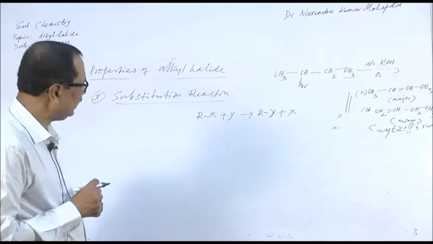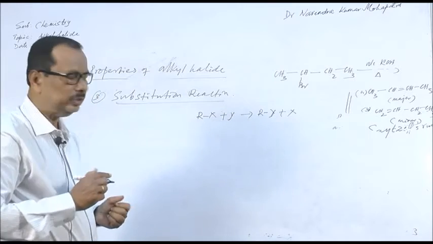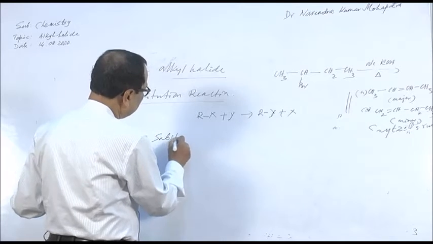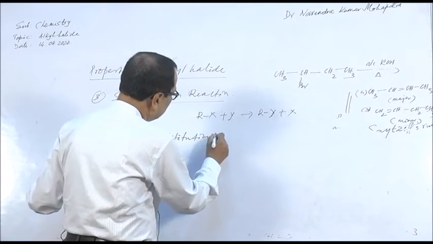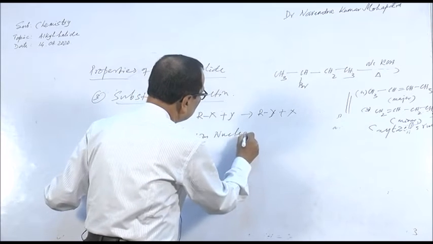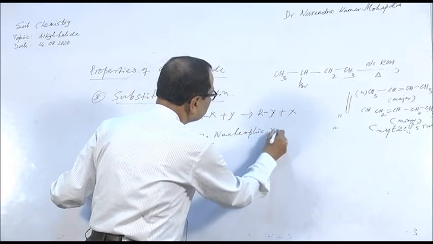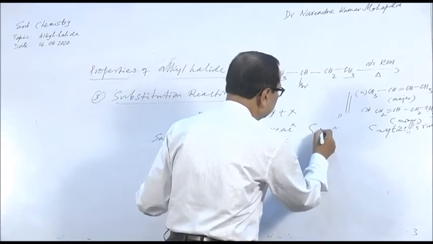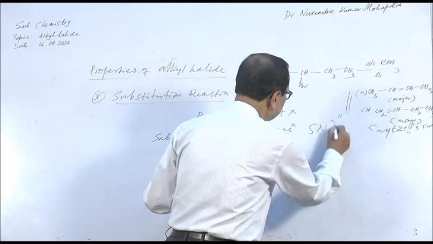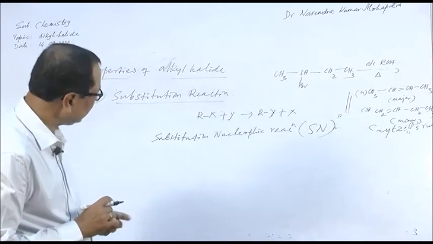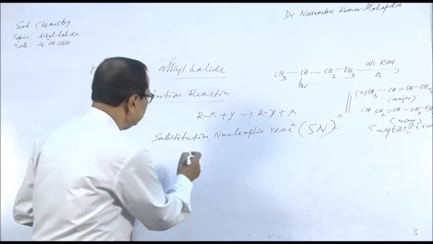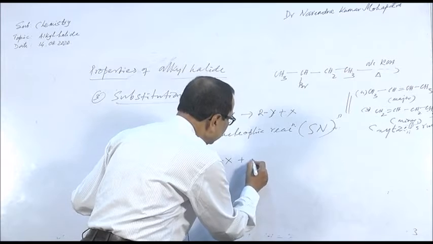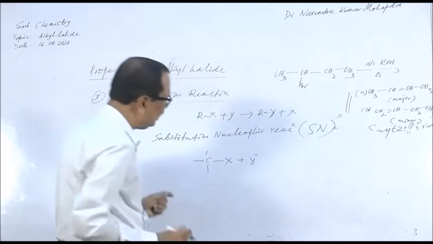So usually alkyl halides give substitution nucleophilic reactions, which in short can be written as SN reactions.